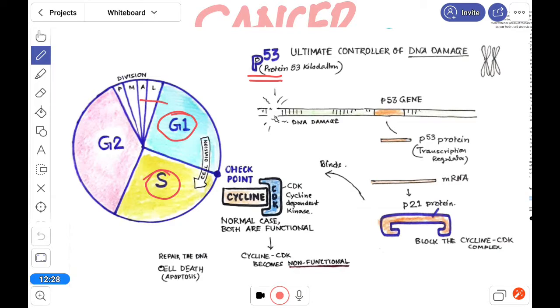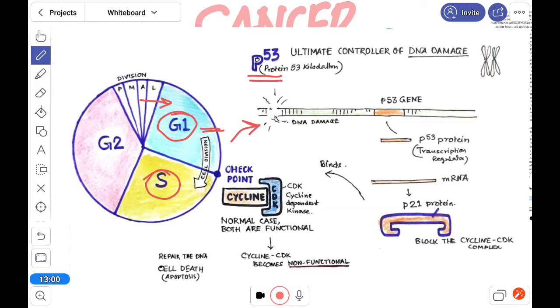Just after cell division, at telophase, the chromatids again turn into chromosomes, and if any problem or mistake is there, anything torn or any DNA damaged, then P53 will be activated.